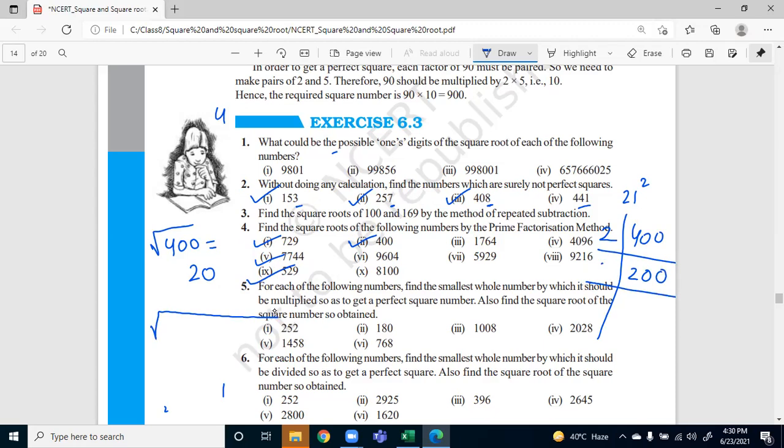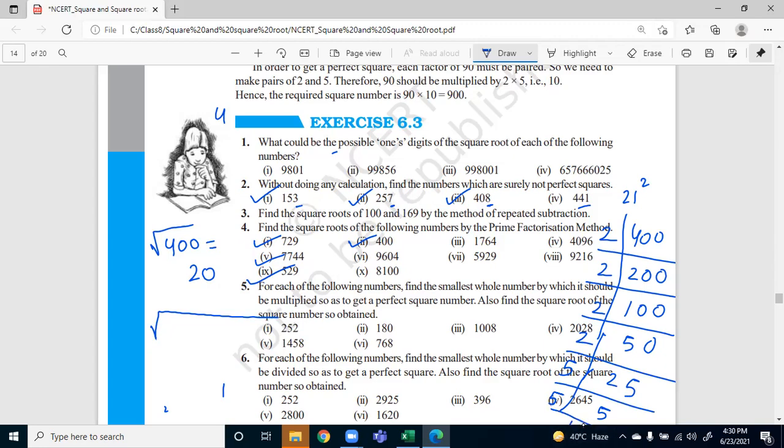If I again divide it by 2, I get 100. Again by 2, I get 50. Again by 2, I get 25. Now I will divide it by 5. So I get 5. Now I again divide it by 5, I get 1.